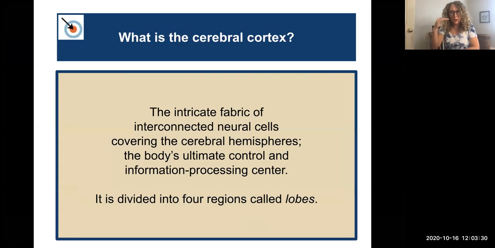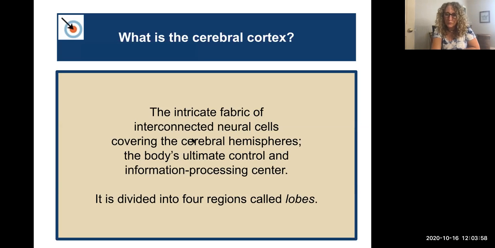It's moving up physically when it comes to the brain, but also evolutionarily speaking, when we're thinking about what makes our brain different than other animals and having the critical thinking skills that we have, this is really the part of the brain that's going to make the difference, and we call it the cerebral cortex.